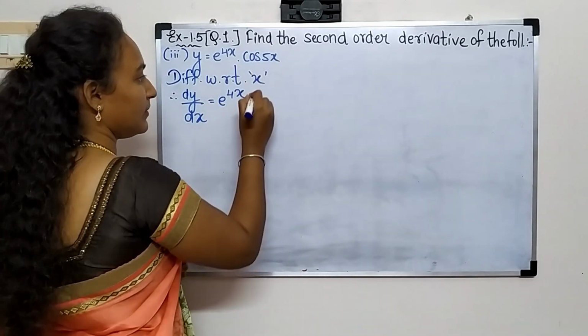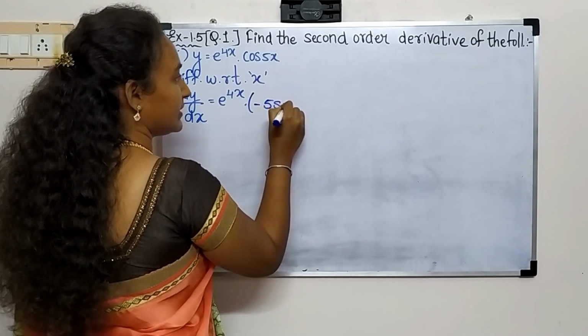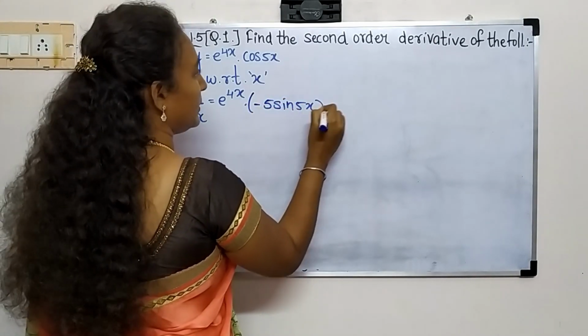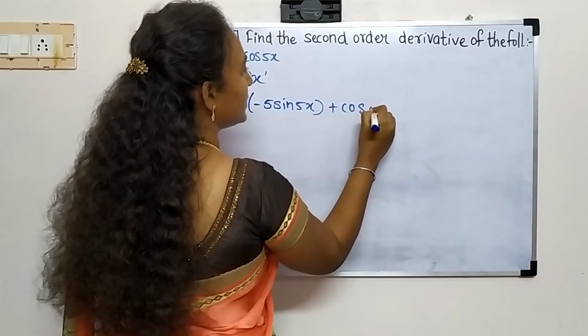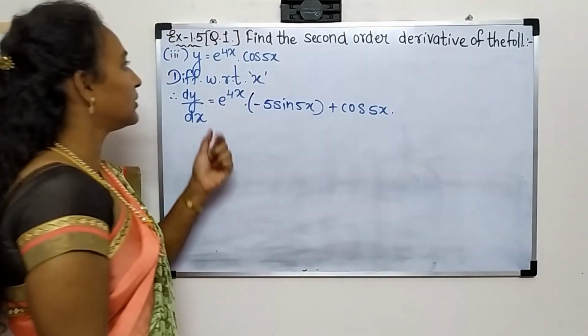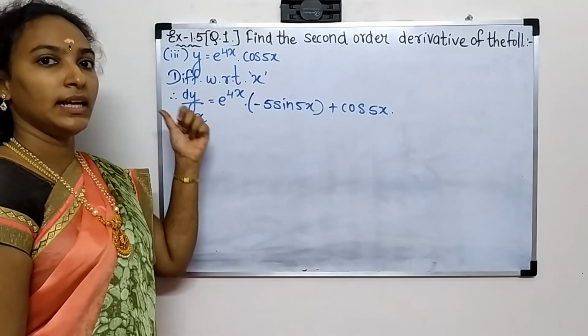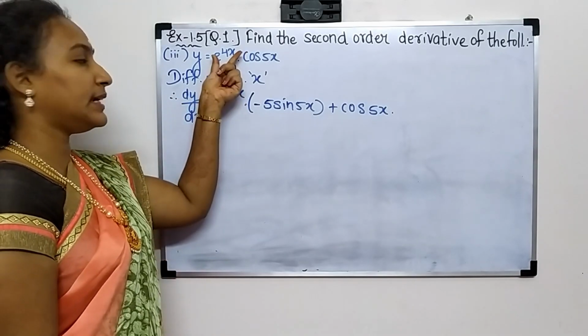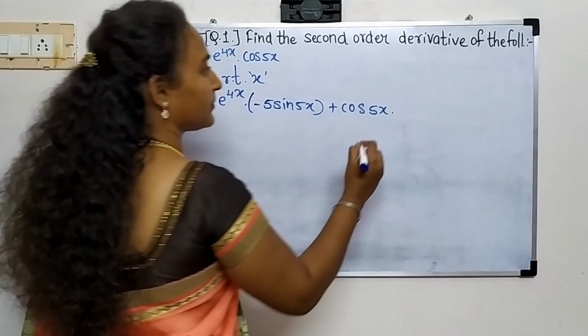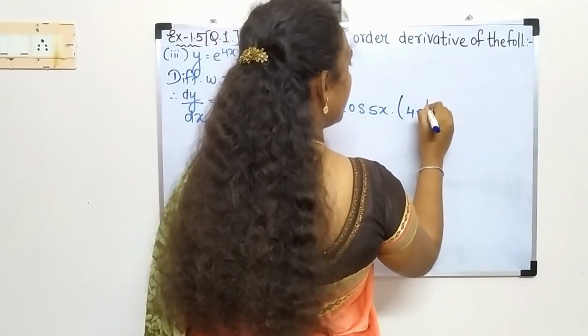So we will be having minus 5 sine 5x plus cos 5x into this e power 4x. Derivative of e power 4x is e power 4x into derivative of 4x is 4. That is 4 e power 4x.